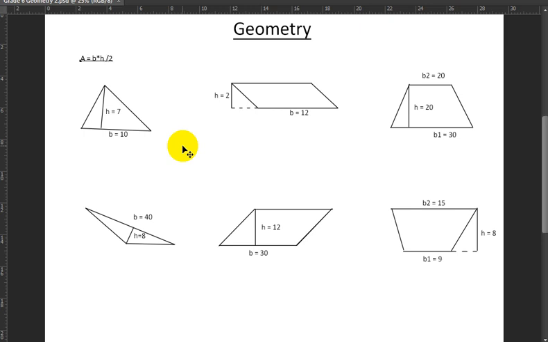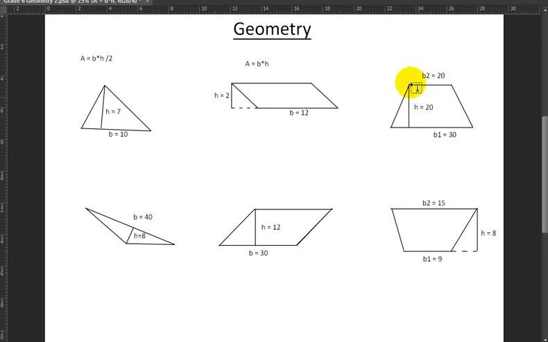So we take the base and the height and we divide by 2. For the parallelogram, we just multiply the base with the height. So A is equal to B multiplied by H.